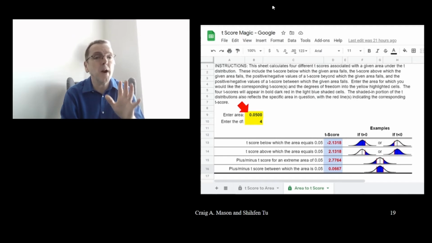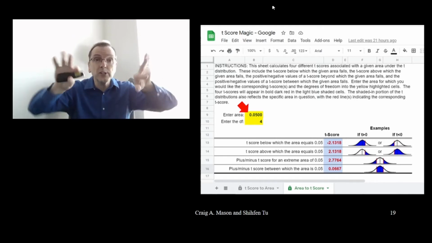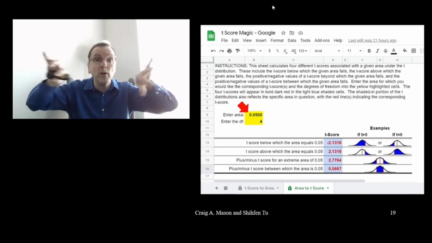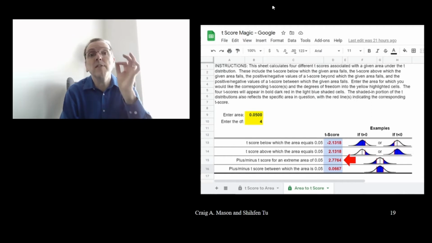Now, remember, I want the plus or minus t-score for an extreme area of 0.05 because, again, we're doing that two-tailed test. Now, as we can see in the figure, that's this one, right? Notice the figure next to it shows me that, yes, that is the area that I want, those extreme tails.